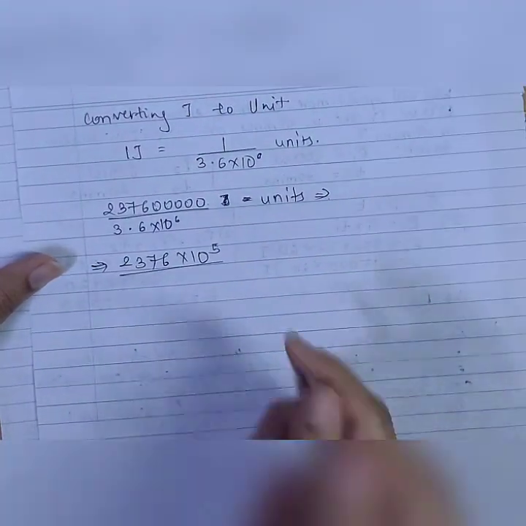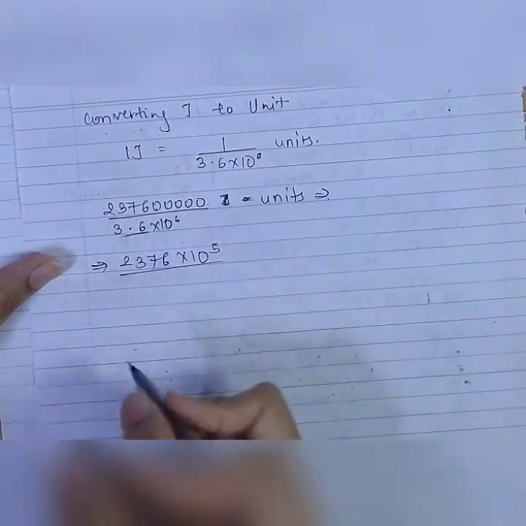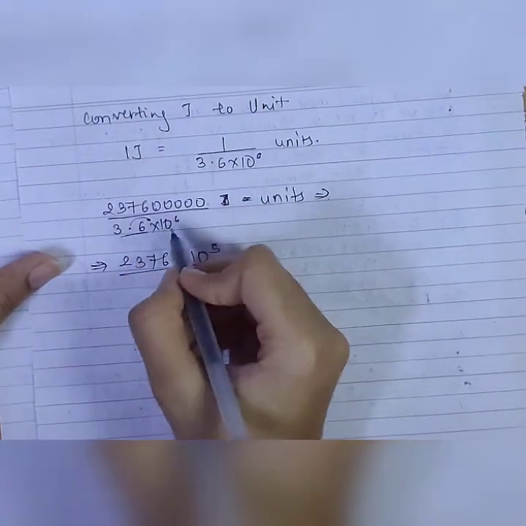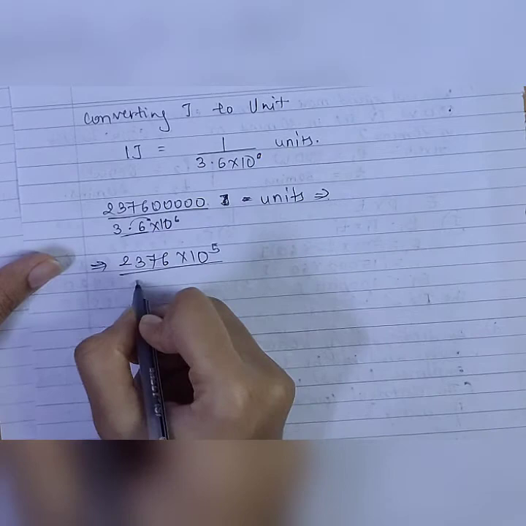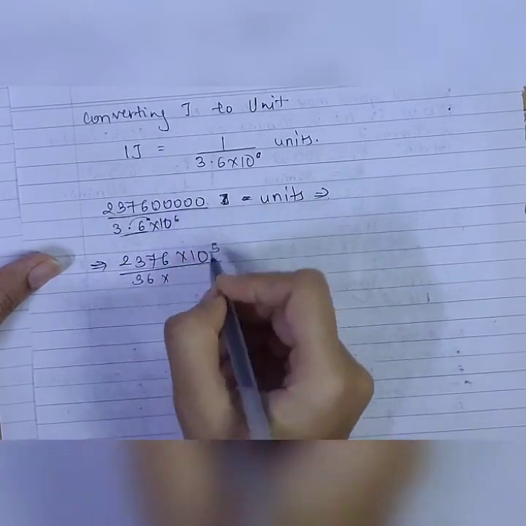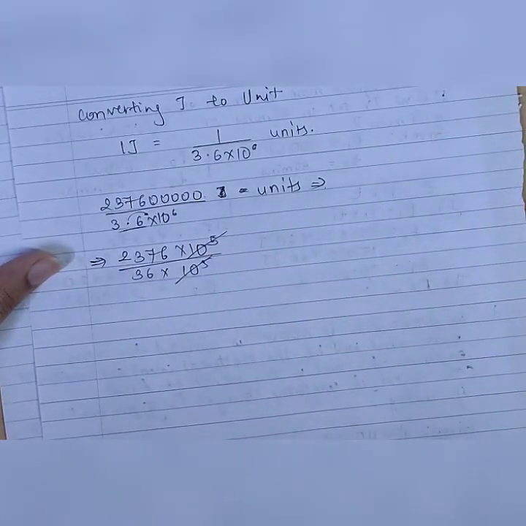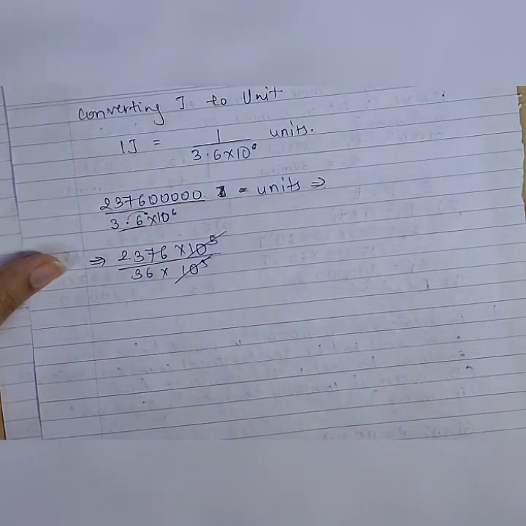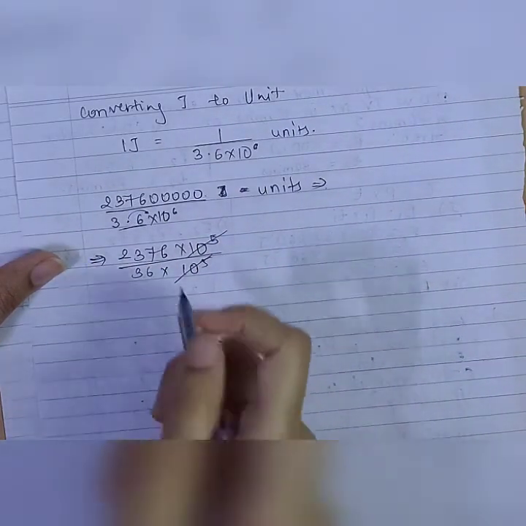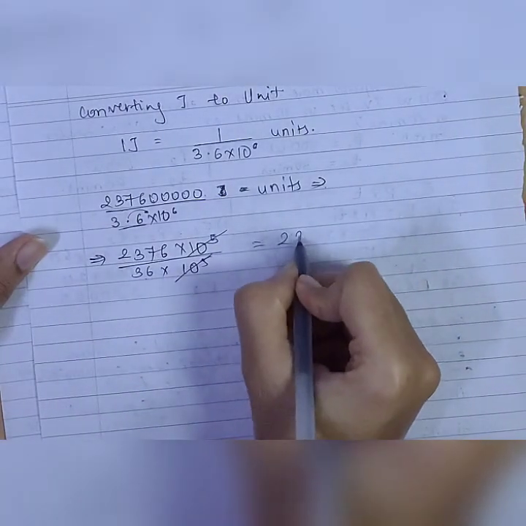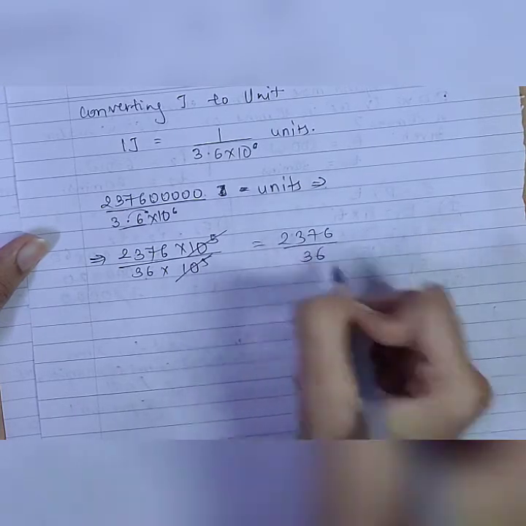Instead of dealing with the point and all, I just take out this 0, so this will be 36. Then I'll just cut out 10 raised to 5 and 10 raised to 5. Now what have we left with? 2376 upon 36.